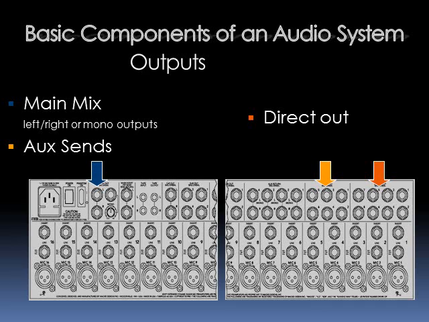Like it says, as soon as that signal comes in, it will feed it directly out in exact duplicate without it altered in any way, shape, or form. Then we have subgroups out. If you're mixing with subgroups, sending them to different areas, maybe a recording feed, this is where you would connect.